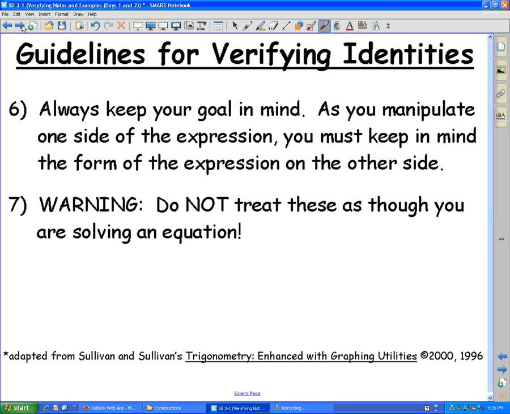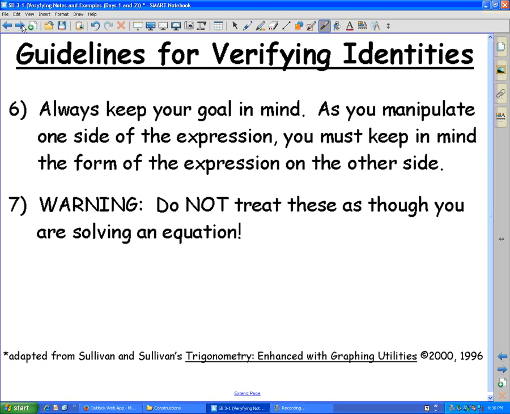And so once we start manipulating one side of our equation, we must leave the other side alone all the way through the problem. And if you just follow that rule, it'll save you a lot of confusion. But you're simply not allowed. It's not that it's algebraically illegal, but for what we're doing, which is verifying identities, we have to leave one side as it was at the very beginning.